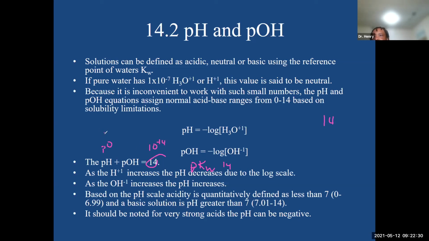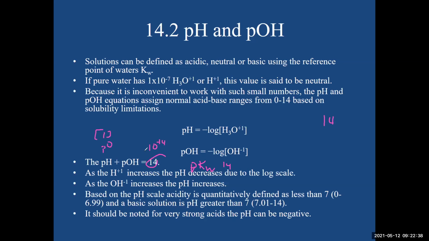And this guy is a concentration of 1. If we take the log of 1, that's going to equal 0. If we take the log of negative 14 minus the log of 1, that's going to give us 14. So the pOH is so low that it's not comparable to the water. Are you with me? Yeah.